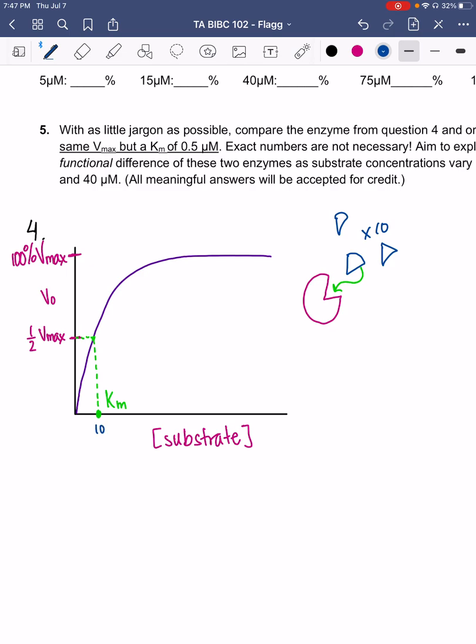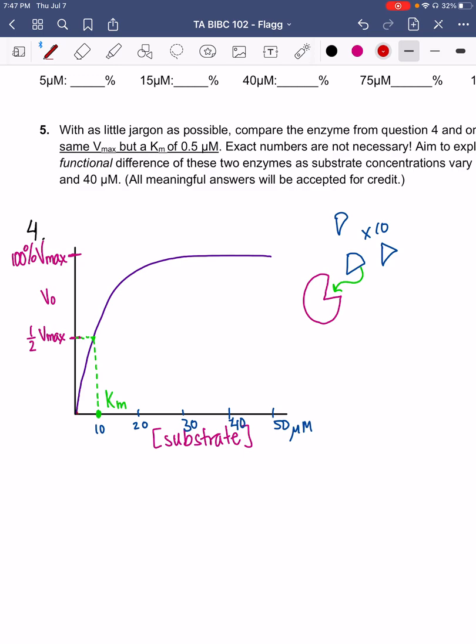Let's say it's 10, then we have 20, 30, 40, 50, and we'll call it micromolar. Now, this tells us that this enzyme needs only 10 micromolar substrate to work at 50% of its maximum velocity.